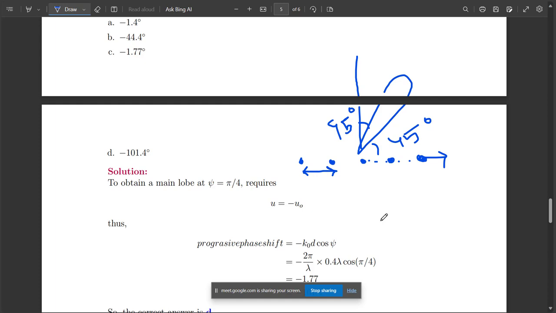I think it will come to 101, that is the answer D. Okay, what do others think?